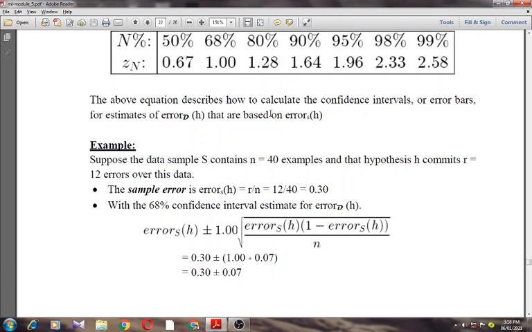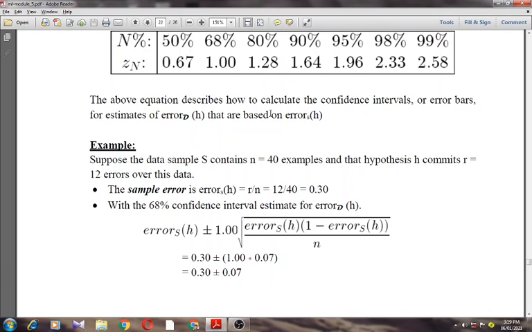We should also keep in mind that the expression provides only an approximate confidence interval. The approximation is quite good when the sample contains at least 30 examples and error S of H is not too close to 0 or 1.